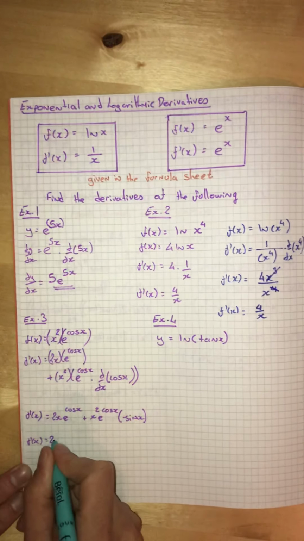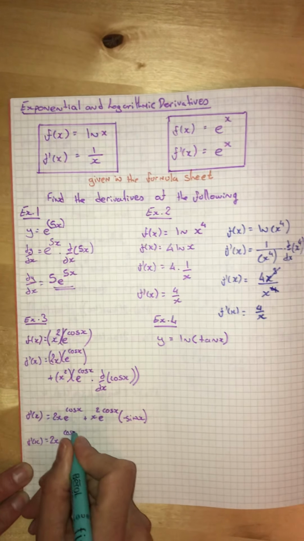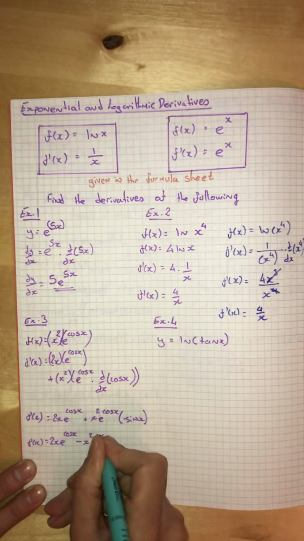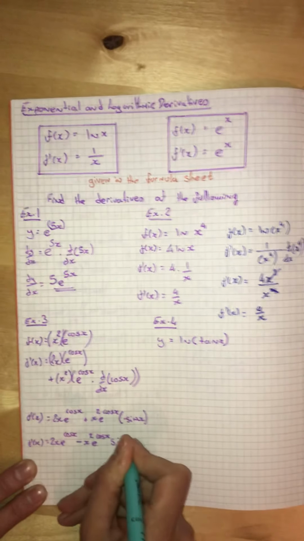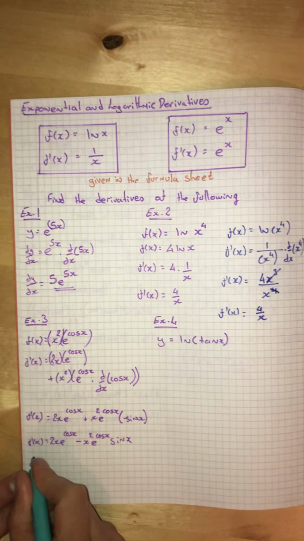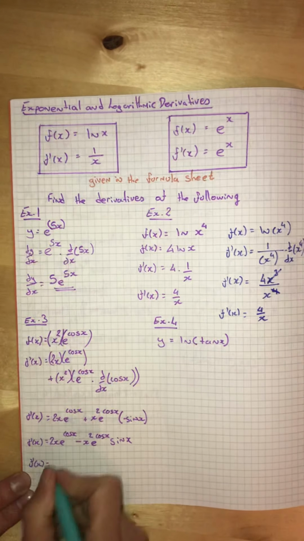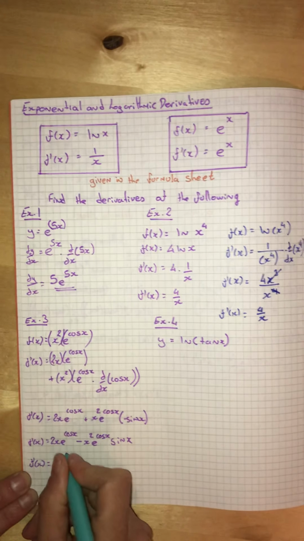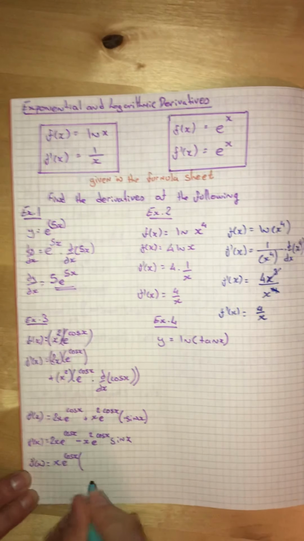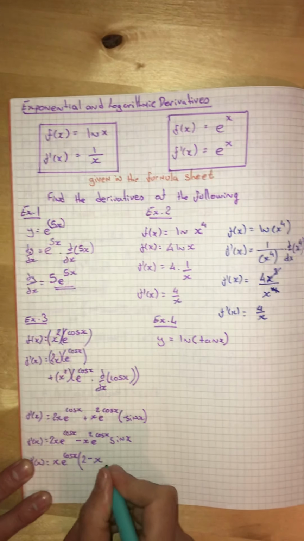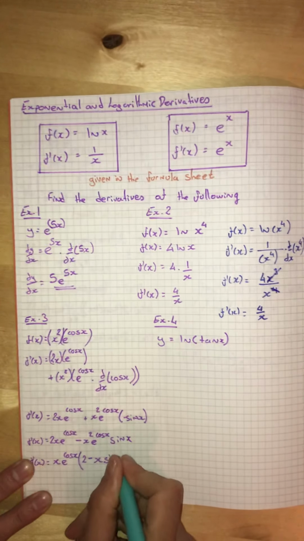So we get 2x e to the cos x minus x squared e to the cos x sine x. And to be neat, let's take out the common factor of x e to the cos x, which is going to leave us with 2 minus x sine x.